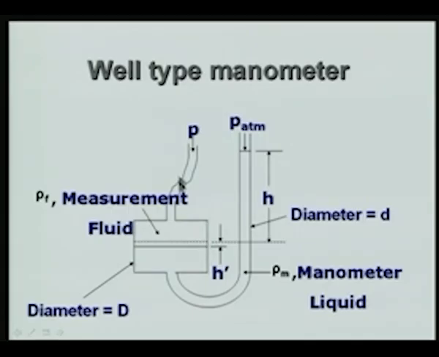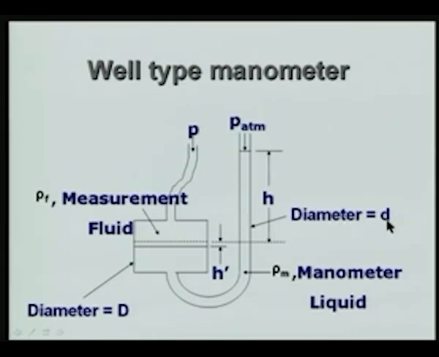I am going to connect the reservoir to the pressure to be measured, not the other way. The pressure to be measured is always connected to the reservoir side, or the well. In the well type manometer, the reservoir has a diameter equal to capital D, which is larger than the diameter of the tube, small d.